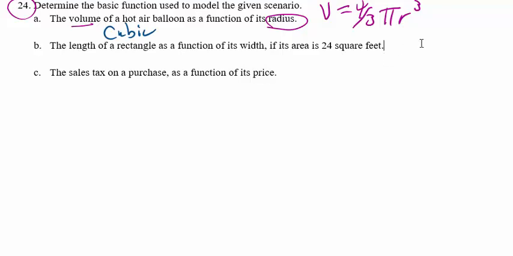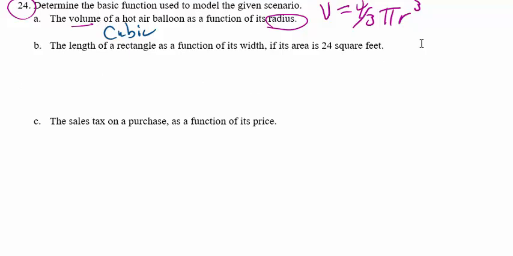Part B is a little bit harder because it says the length of a rectangle as a function of its width, if the area is 24 square feet. Here's my length, here's my width, and the area is 24. That is constant.